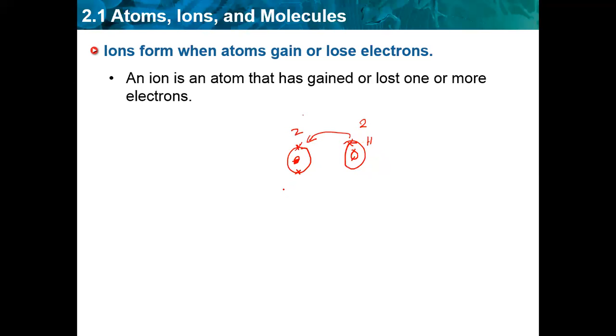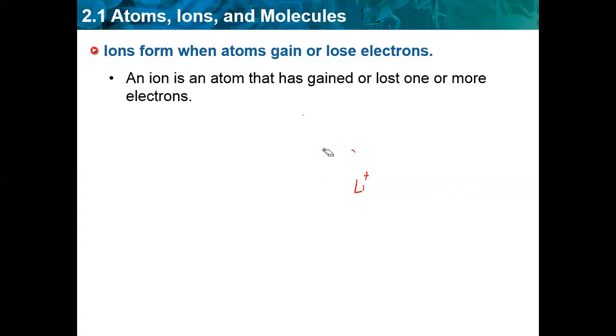So this becomes hydrogen ion because it already gained an electron. But this becomes lithium positive. Why? Because it already loses an electron. So this is what it means by ion is made when an atom gains or when it loses electrons.